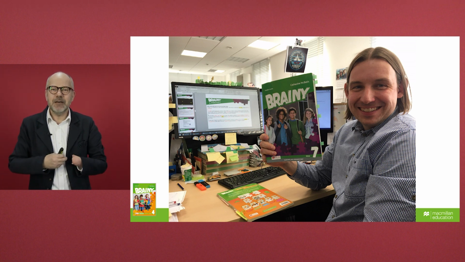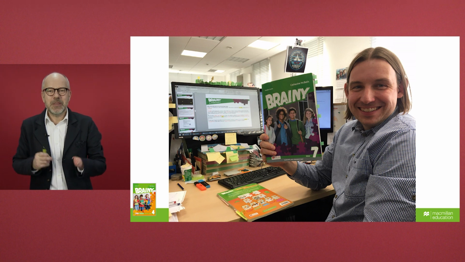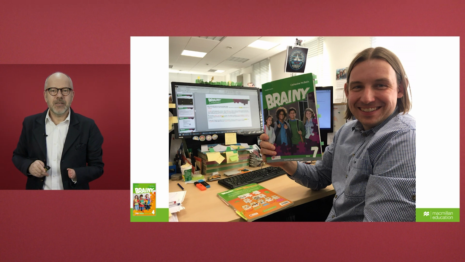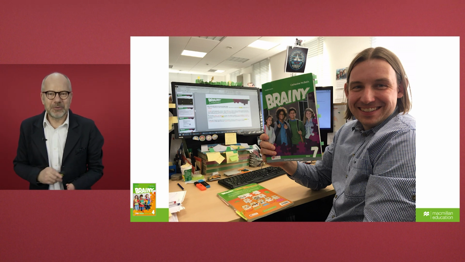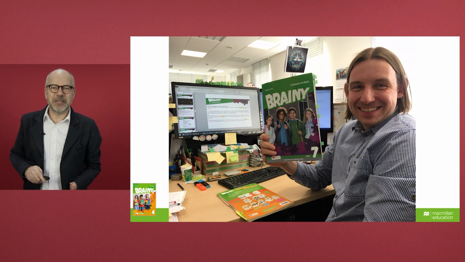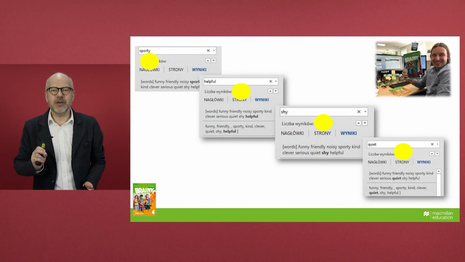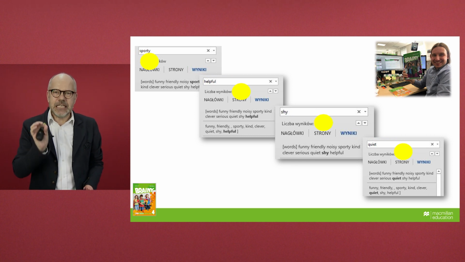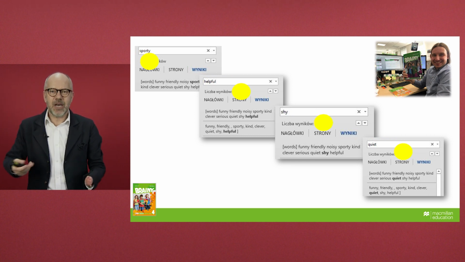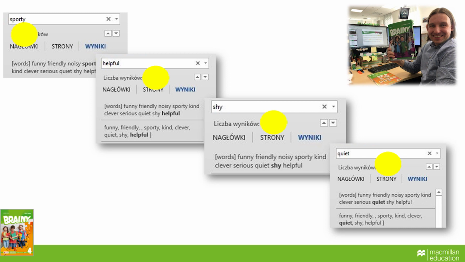When he gets a piece of manuscript from his author, he does a bit of magic with this something magical, and he analyzes the number of occurrences of each of the key words that are part of the vocabulary sets of a given unit to find out whether they cross the important threshold level.